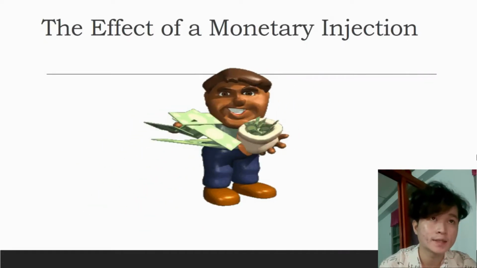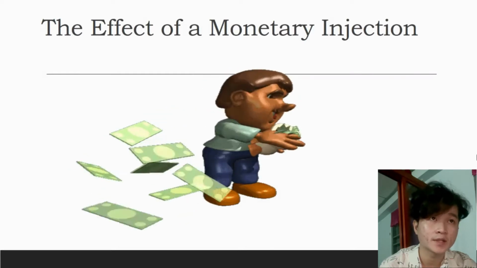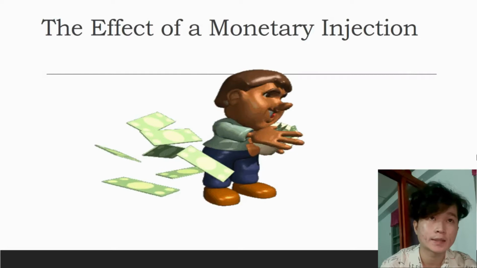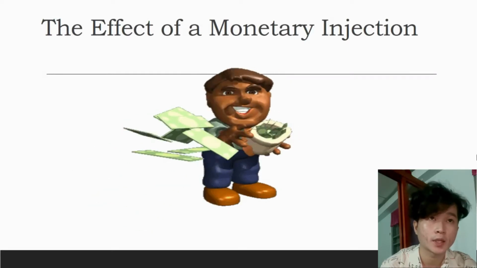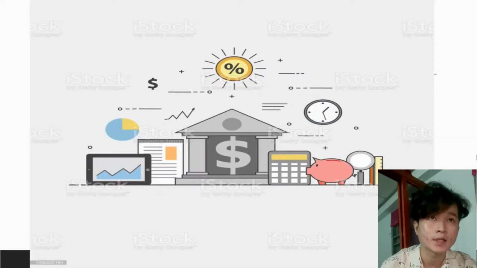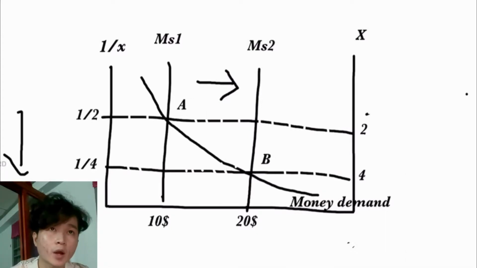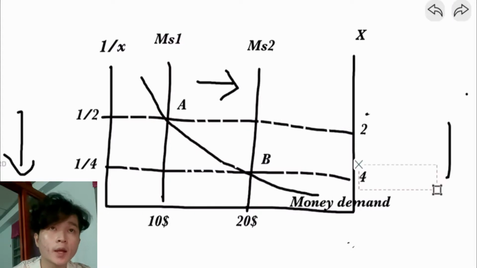Moving on to the next point, we explore the effect of monetary injections. Can you imagine if suddenly the Fed printed double the money and threw it out for everyone? Incredible. The Fed could inject money into the economy by buying government bonds from the public in open market operations. Look at the graph and see what happens after such a monetary injection, and compare the equilibrium with the old one.